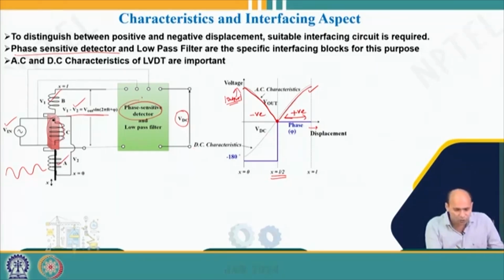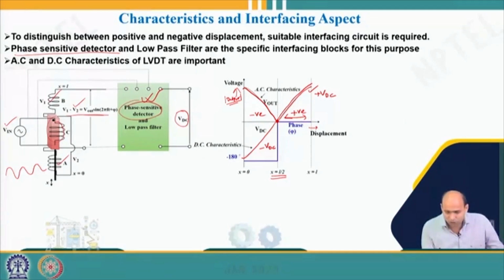How will we get that? Through this phase sensitive detector and low pass filter. When this output is passed through the phase sensitive detector and low pass filter, I will get the output like this. This corresponds to your DC characteristic, where for positive displacement I will get plus VDC, and for negative displacement I will get minus VDC. And how can I do that?